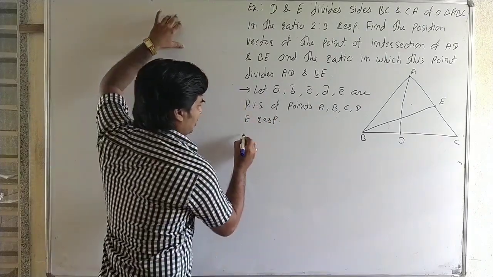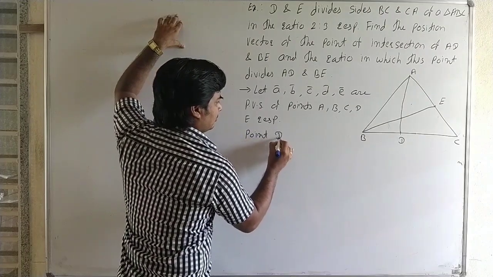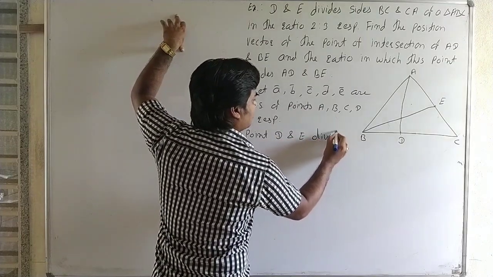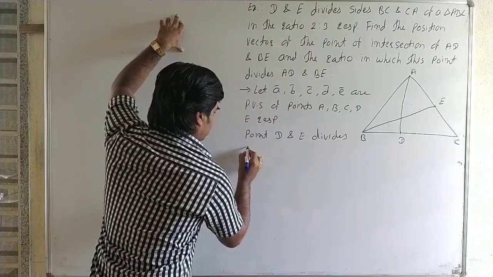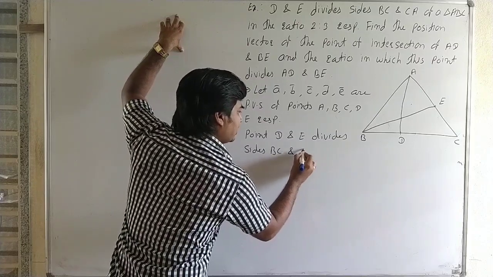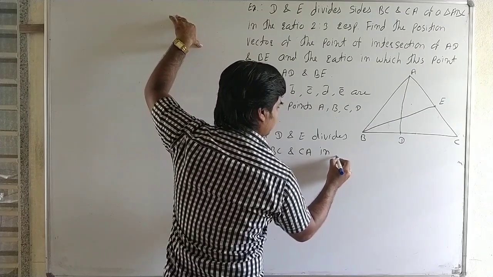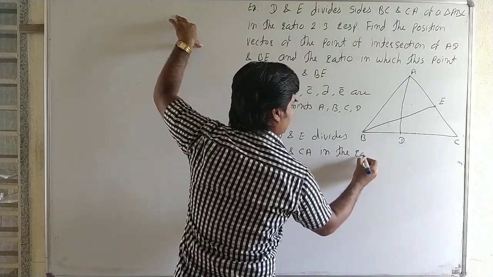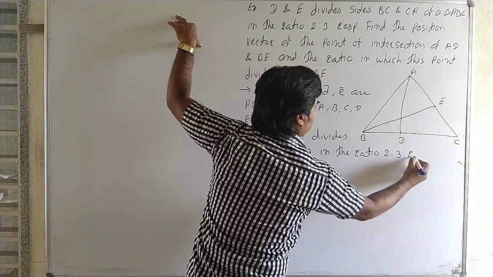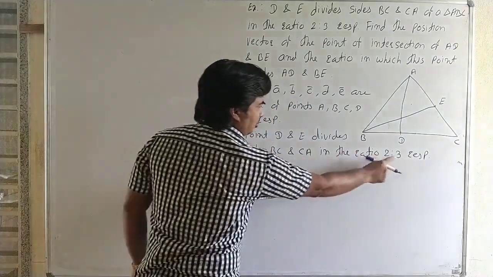Given that points D and E divide sides BC and CA in the ratio 2:3 respectively. Therefore point D divides BC in the ratio 2:3.